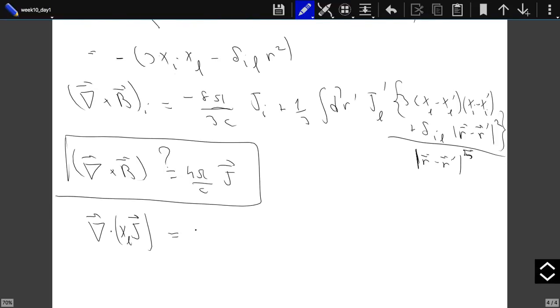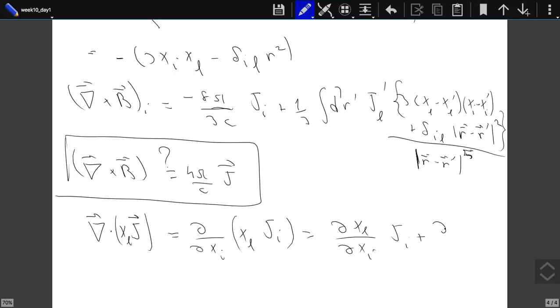This will be equal to del over del x_i of x_l J_i. This will be equal to del x_l over del x_i times J_i, plus del over del x_i of J_i multiplied with x_l.